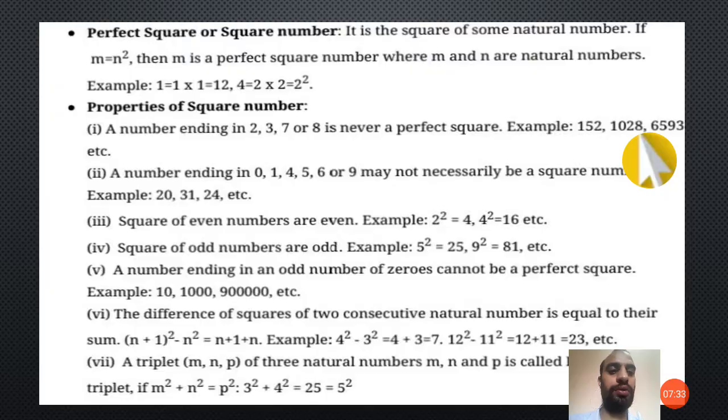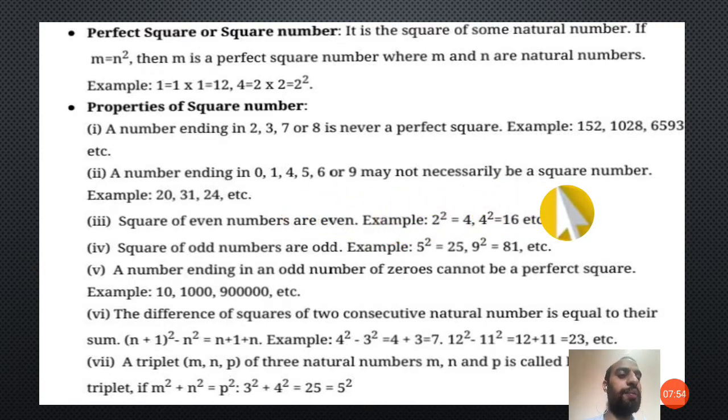Whenever you have a number like this, keep these points in mind. If the number ends in 2, 3, 7, 8, then it is not a perfect square. The numbers ending with 0, 1, 4, 5, 6, 9 may or may not be square numbers.